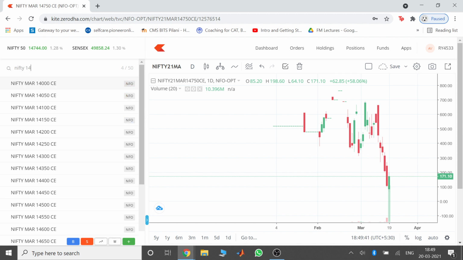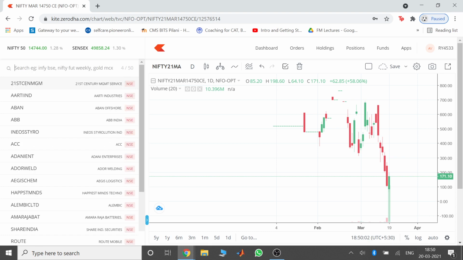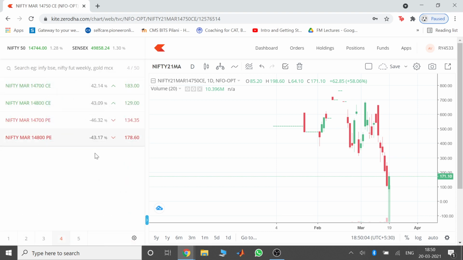So if I search 14,000, there's an option with strike price of 14,000, 14,050, 14,100. So these increments of 50 are for Nifty. There are increments of 100 for Bank Nifty, and the increments depend on the current spot price levels. These are the strike prices.